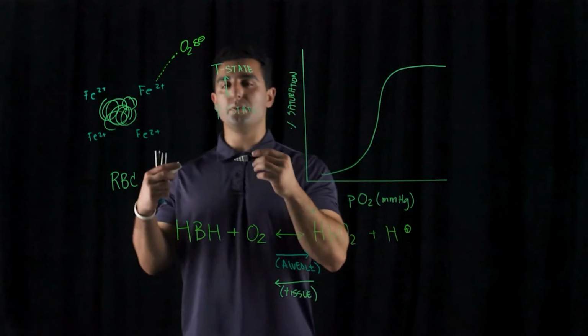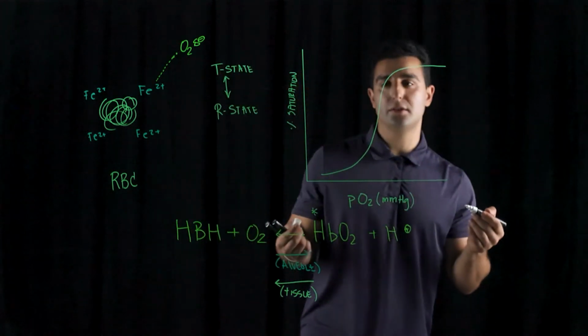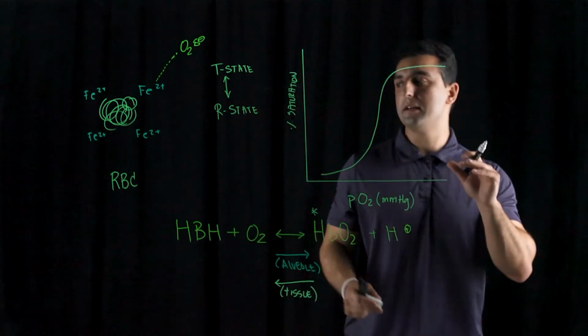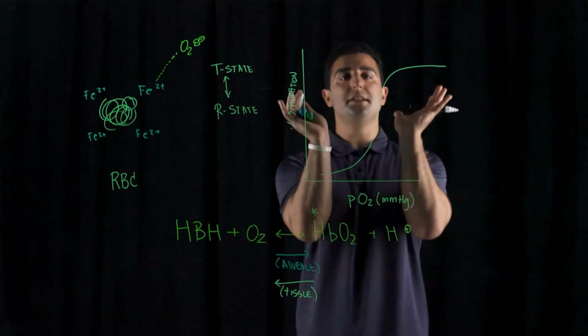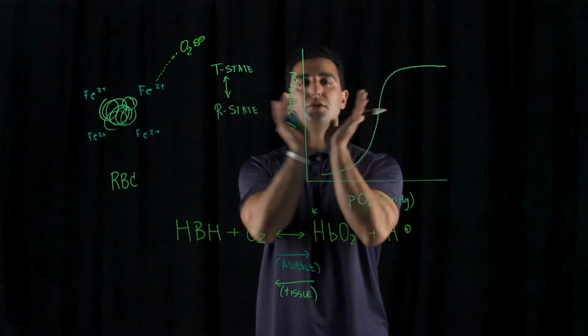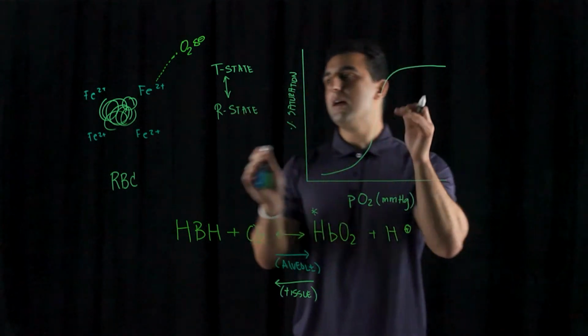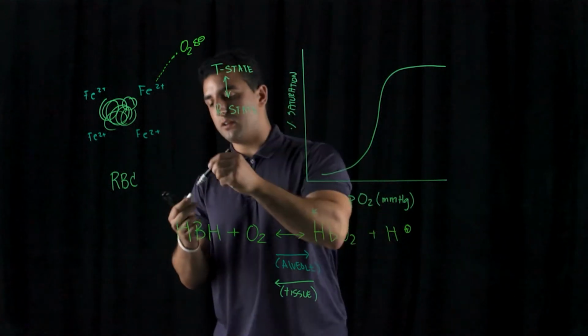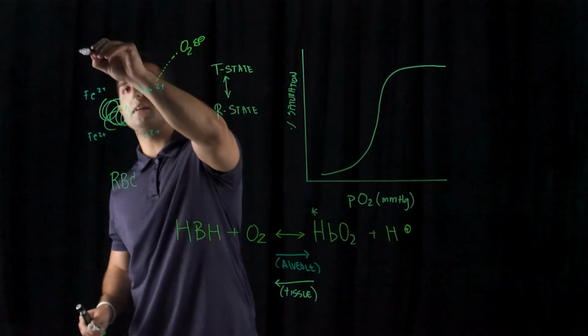So if you lose oxygens, you lose cooperativity. When you gain oxygens, you gain cooperativity. Now when you're in this relaxed state after the one binding of the oxygen, all these molecules are nicely available, specifically the iron groups, and now the oxygen can easily come in and bind more.